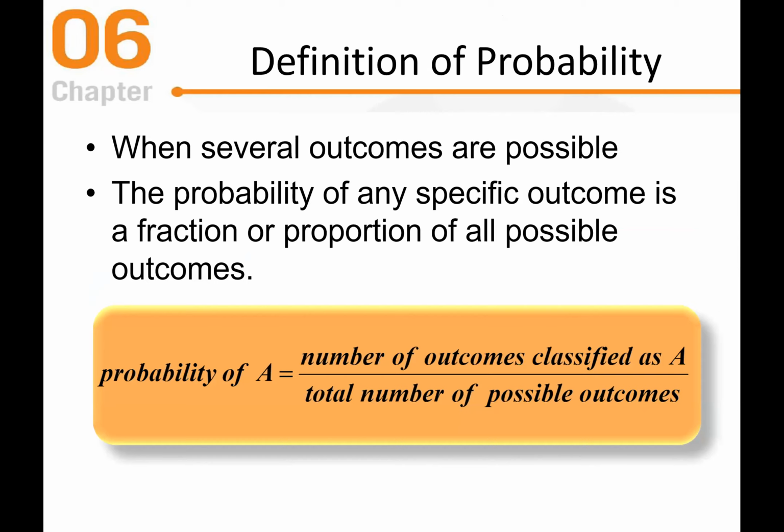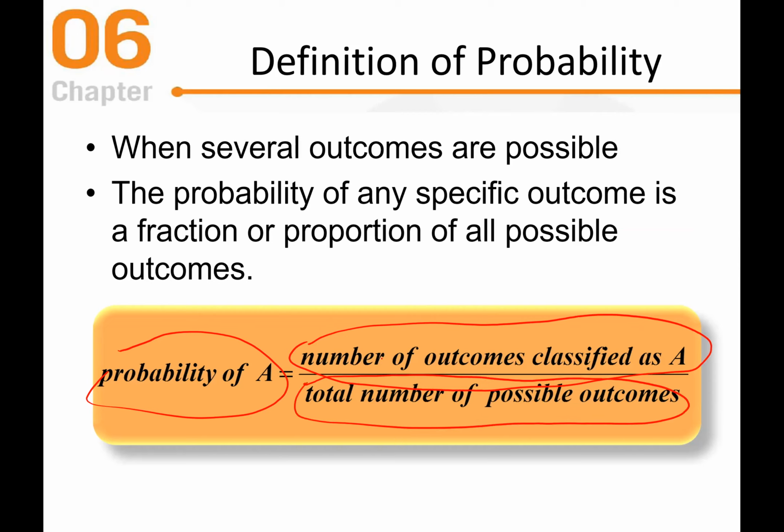The way we write this in statistical notation is the probability of A, and the probability of A is made up of a fraction: the number of outcomes classified as A over the total number of possible outcomes. Then you could take that fraction and rewrite it as a proportion, or turn it into a percentage or a decimal.